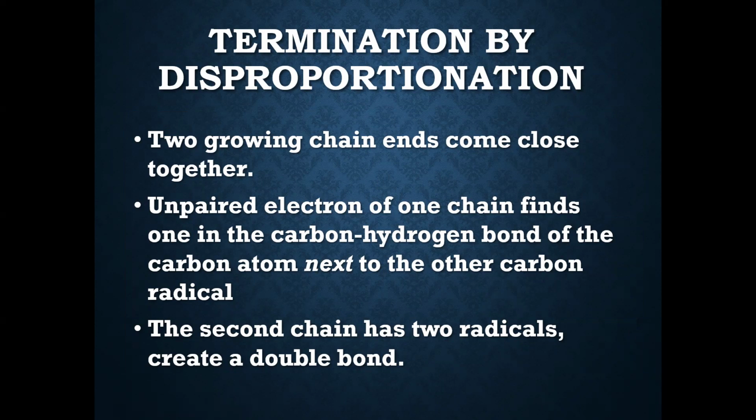But in that way, one hydrogen of one chain will be attracted to the free radical to form a carbon-hydrogen bond, and the other chain will have two radicals, which will form a double bond. And of course, these two polymers will be smaller in length than the one that is formed by coupling.